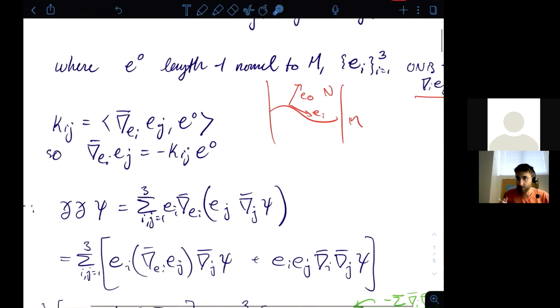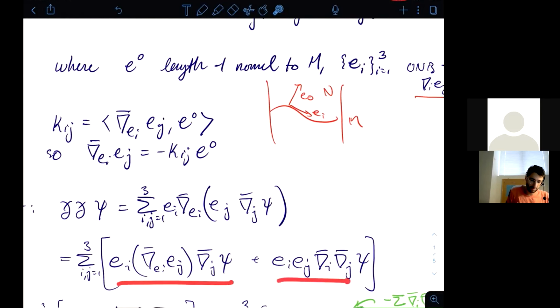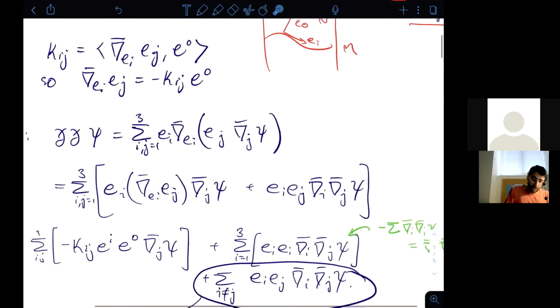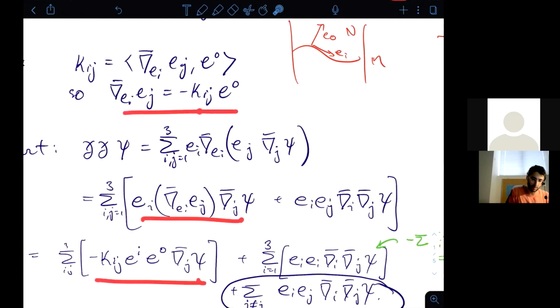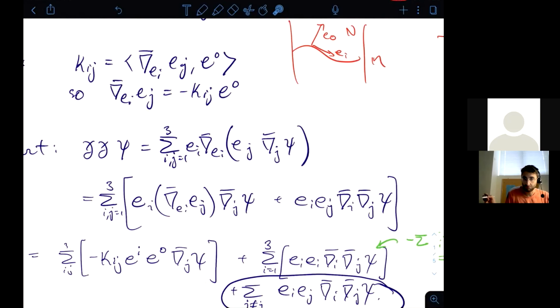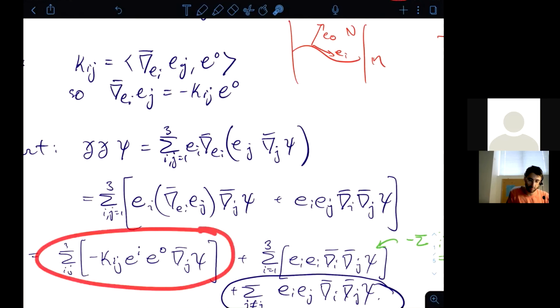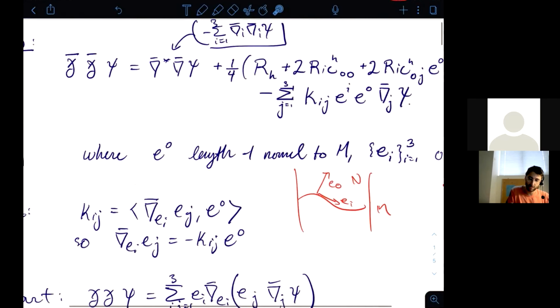The first few steps are going to be very familiar. Use the product rule to break up this outer covariant derivative. You get two terms. Nothing funny going on here. This first term we can express in terms of the second fundamental form, just by the above observation, and that completely takes care of this term. This is what appears in the formula.